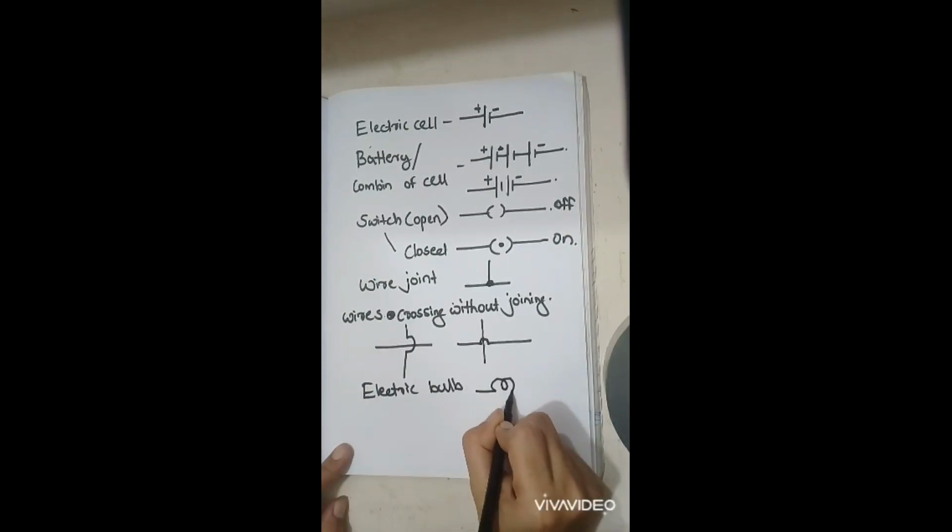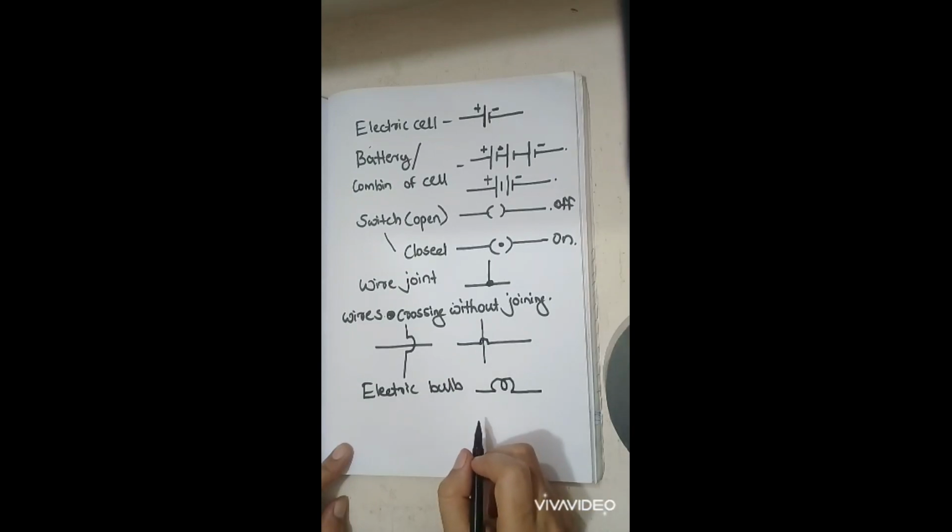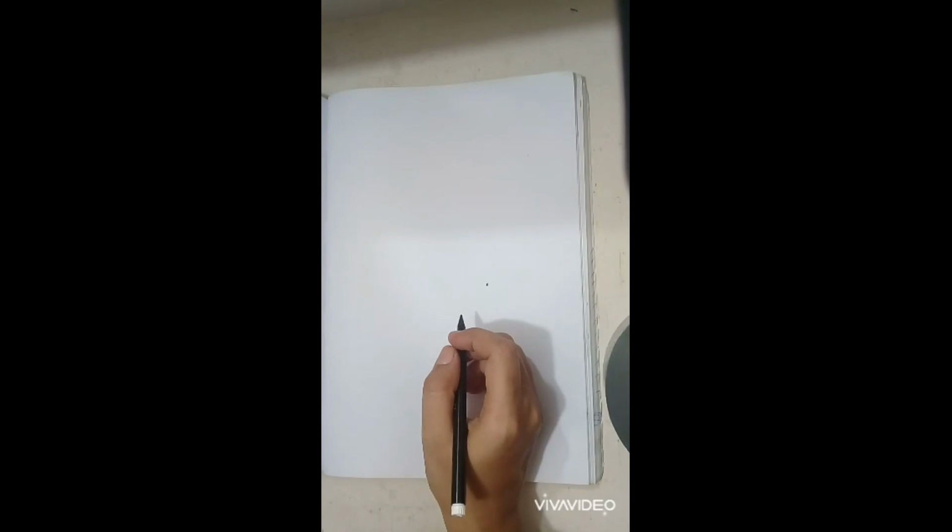Then the next one, electric bulb. You are familiar with the symbol of electric bulb. This is the symbol of electric bulb. Then the resistor. Another component is the resistor, of resistance R. We will learn about resistor and resistance later.